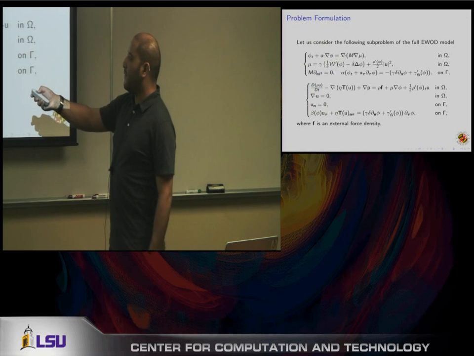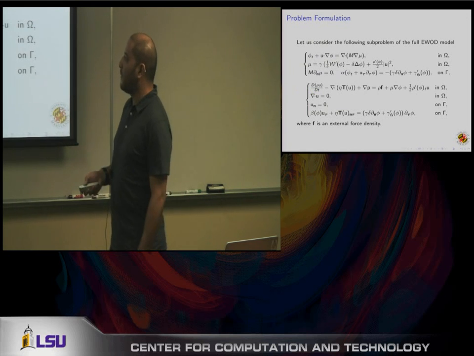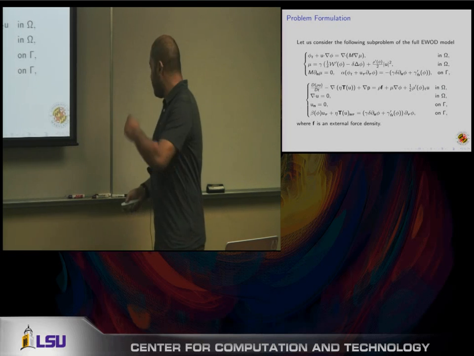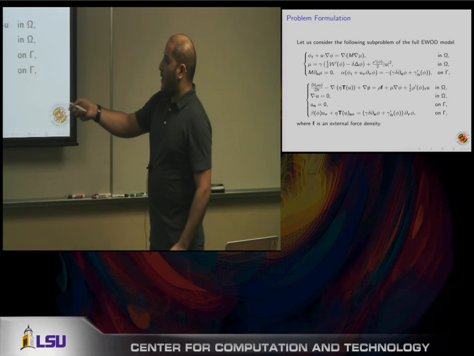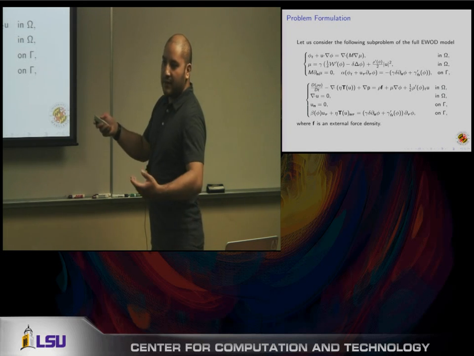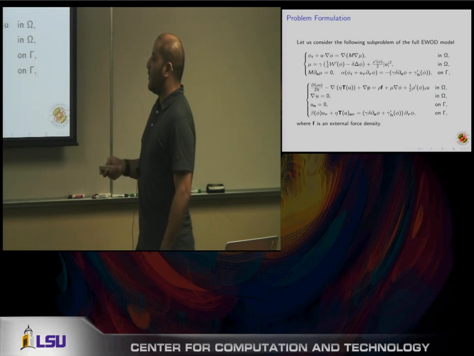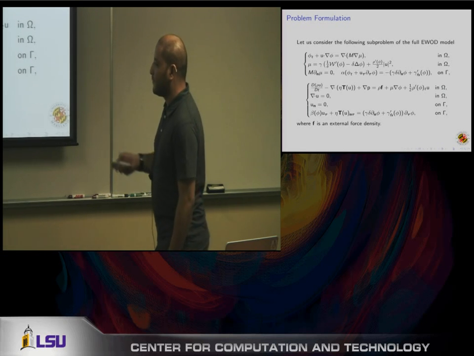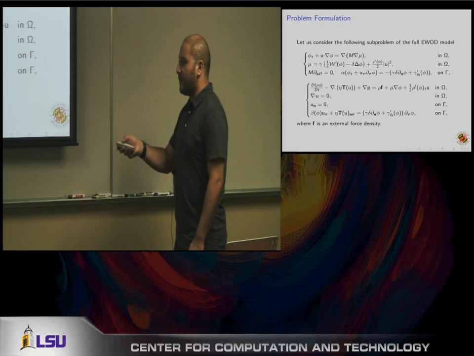So we had the phase field equation, the chemical potential, a dynamic boundary condition for the phase field, Navier-Stokes equations with variable density, and now, let's say we replace all the terms that involve all the other quantities by some forcing term, and we have the generalized Navier boundary condition.